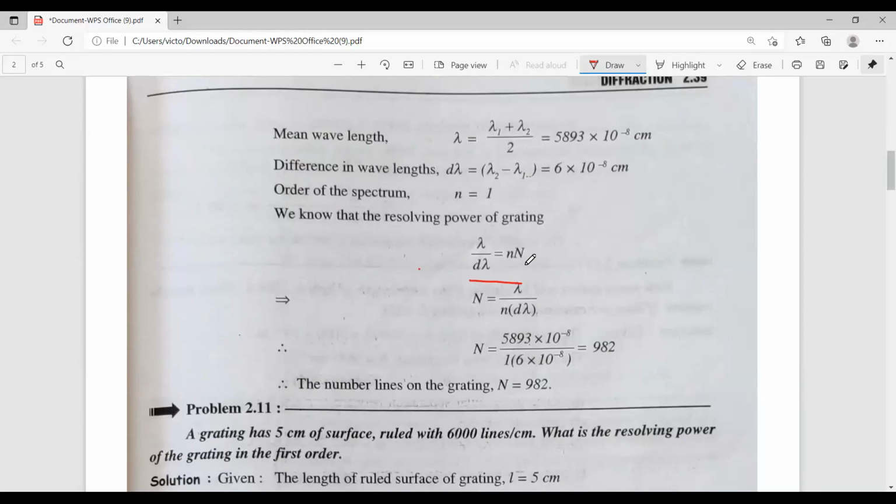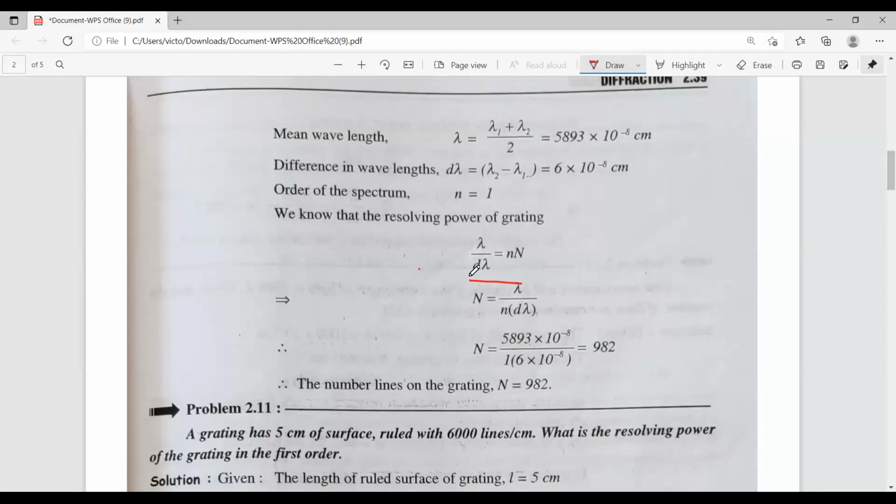In the previous problems, if the number of lines on the grating and order were given, then we found the wavelength value. In this problem, wavelength and order are given, and we have to calculate the capital N value.